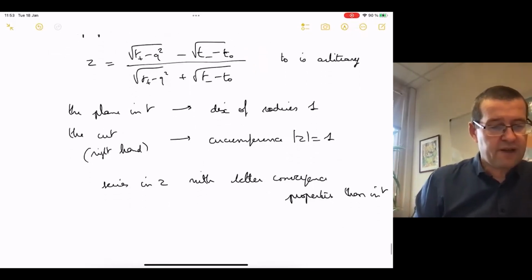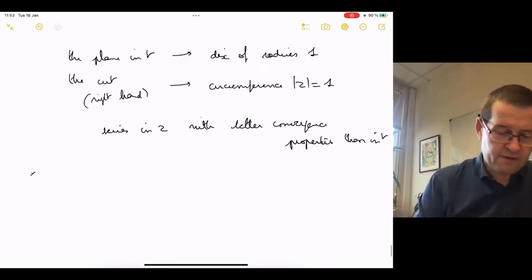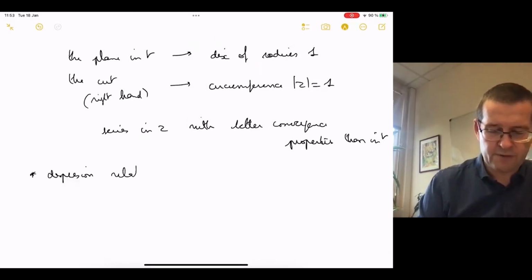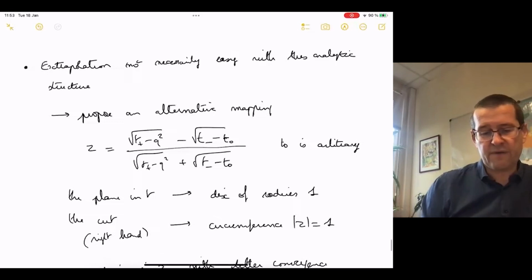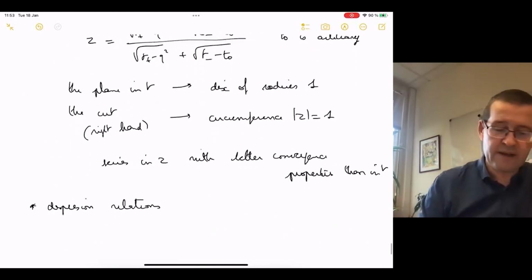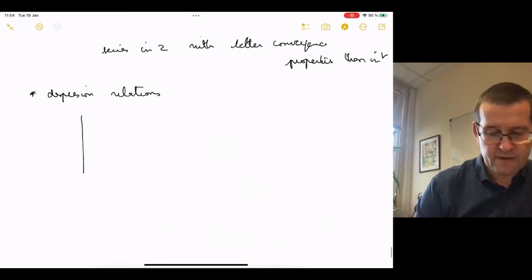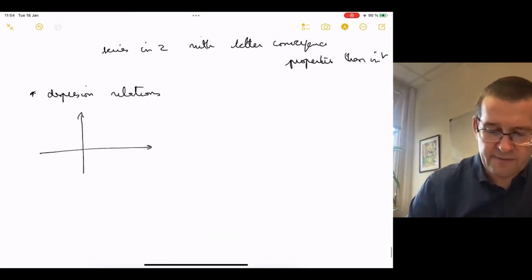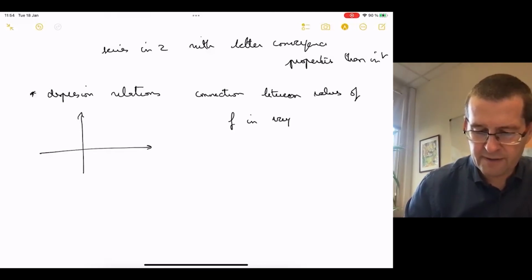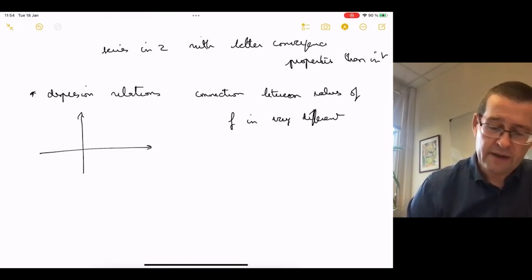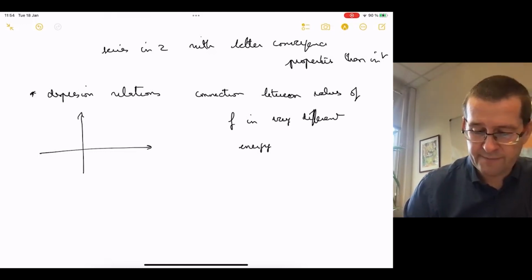A second thing that you can use, and I will talk about that very briefly, is what is called dispersion relations. So the idea is that, since you have this very simple analytic structure, you can imagine having a connection between values of f in very different energy regions.